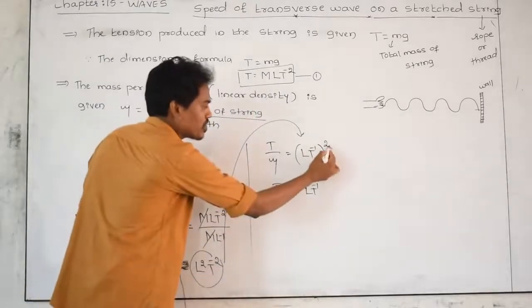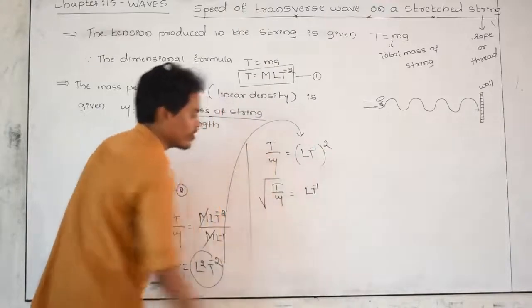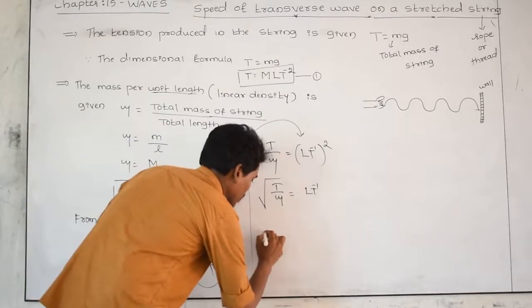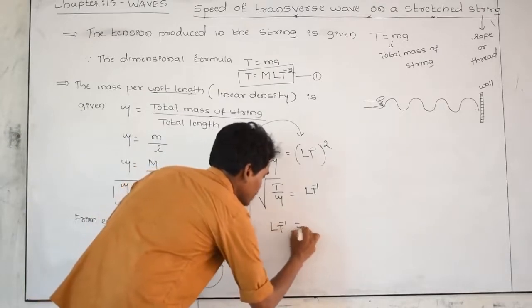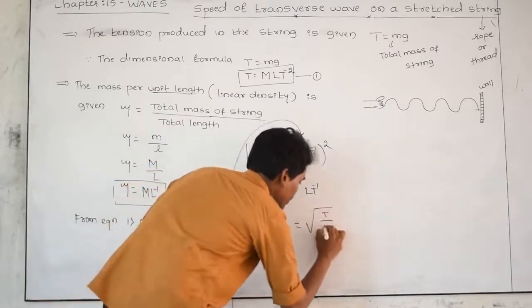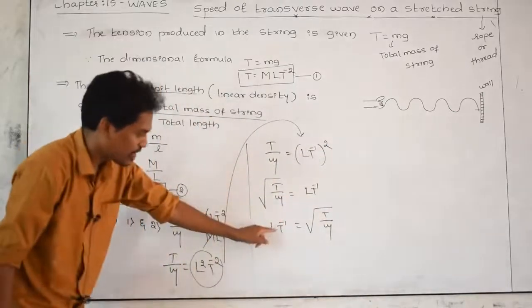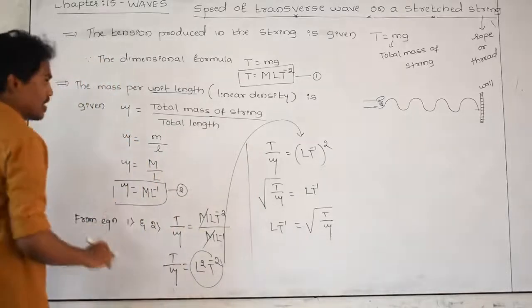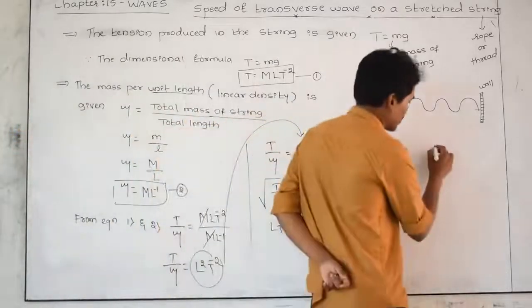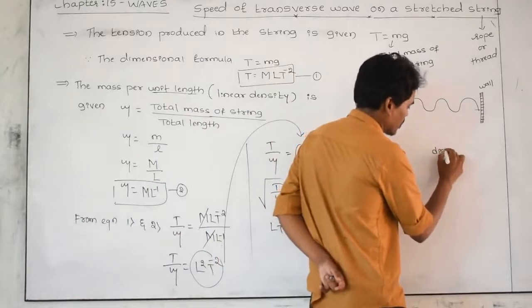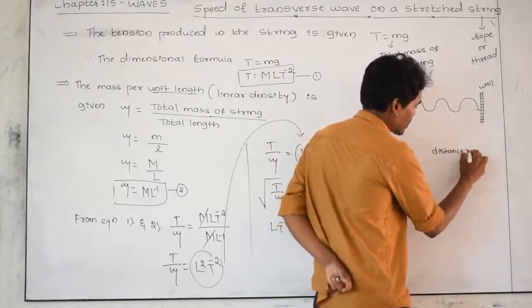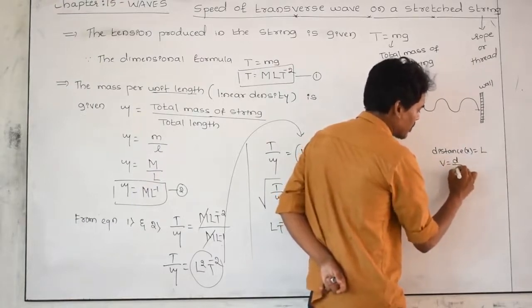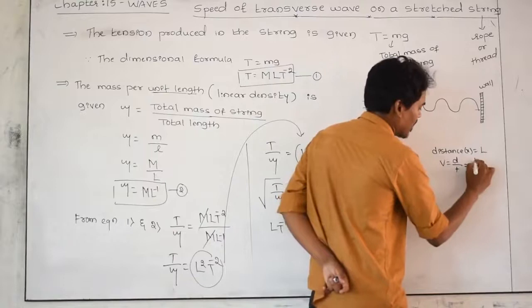If you want to remove this power, take the square root: LT raised to minus 1 is equal to root of T by mu. And what is LT raised to minus 1? This is nothing but V. How come? Let us take the dimensional formula of distance. Dimensional formula of distance, that is x, is equal to L. Velocity is equal to distance by time. Distance is L.